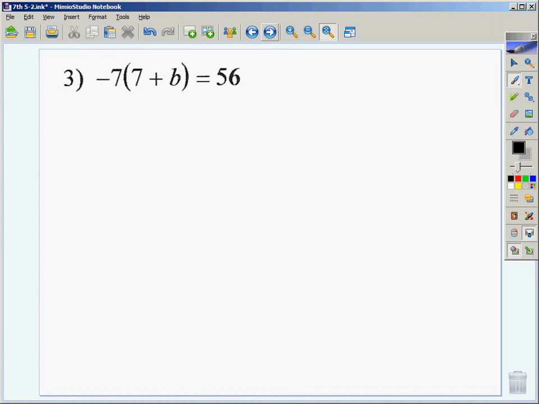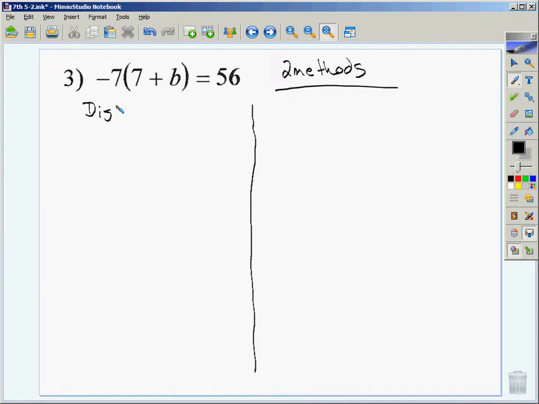The next problem that I'm going to do is number 3. Today I'm going to show you 2 methods to do this. We could distribute first.